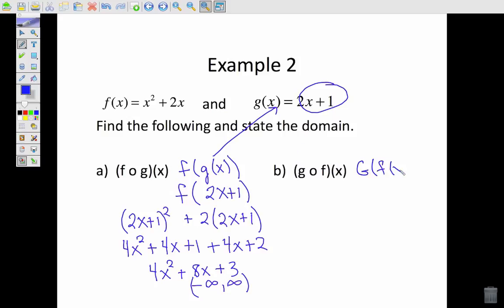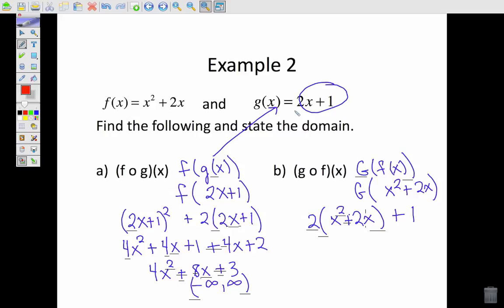All right, going the other way around, g of f of x. So I'm substituting into the function g the expression x squared plus 2x. It looks like this: 2 times (x squared plus 2x), and you still have the plus 1.